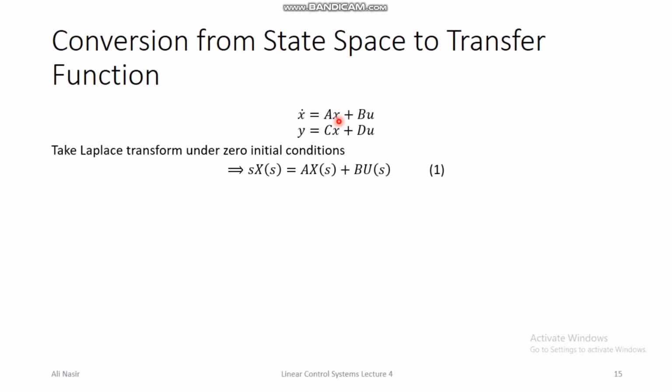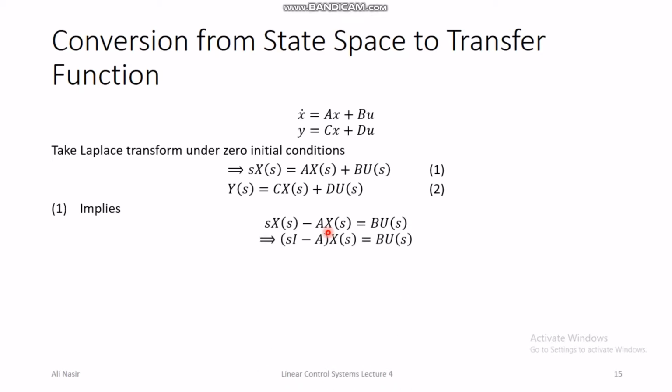If you take the Laplace transform of this differential equation, the derivative becomes s times x of s is equal to a times x of s plus b times u of s, and y will be equal to c times x of s plus d times u of s, and the first will imply that s times x of s minus a times x of s is equal to b times u of s. Now we take x of s as common, and then x of s becomes si minus a inverse b times u of s.